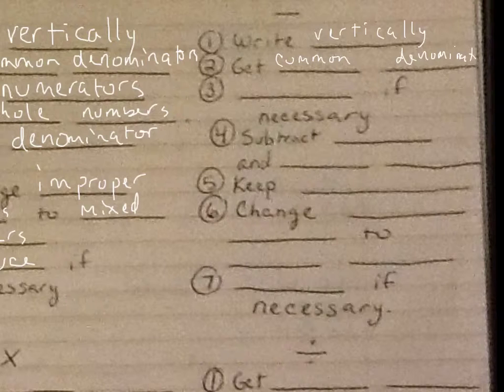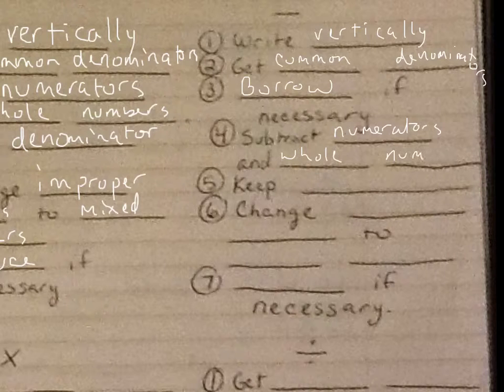Then step 3, this is the main difference: you need to check to see if you need to borrow, if necessary. Step 4, subtract numerators and whole numbers. We're going to keep denominators.